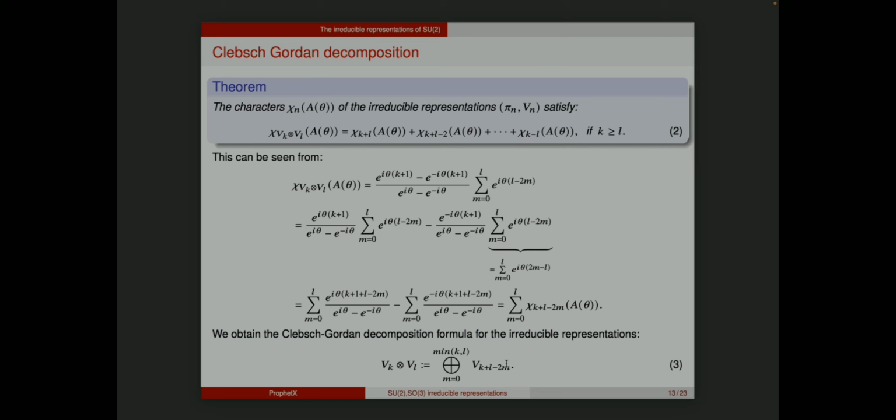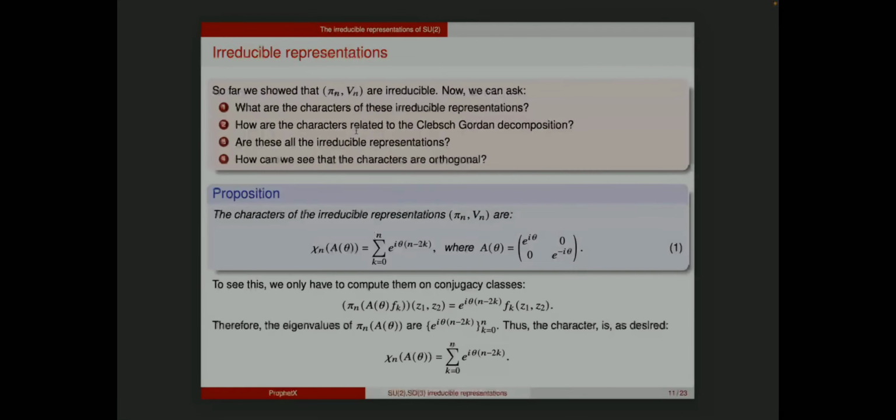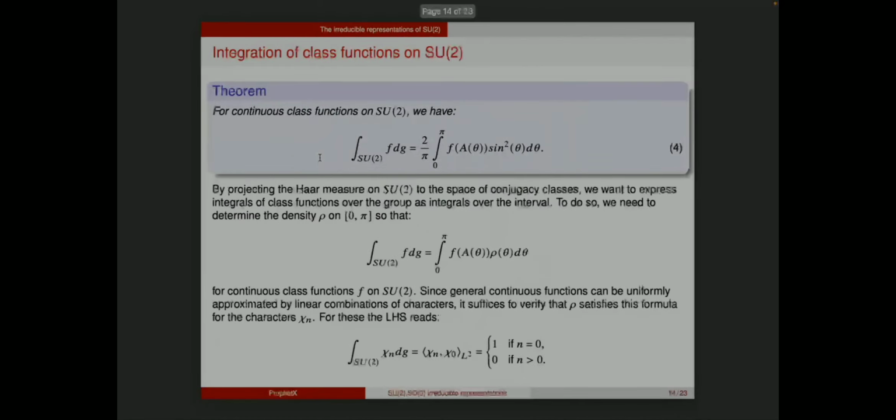Yes. So now we want to prove, as I said, so remember there are some questions to be answered. We answered the first two questions, and we want to see whether they are all the irreducible representations, and want to see that the characters are orthonormal with respect to some inner product. But for the characters to be orthonormal, we still need a notion of integration of class functions on SU2.